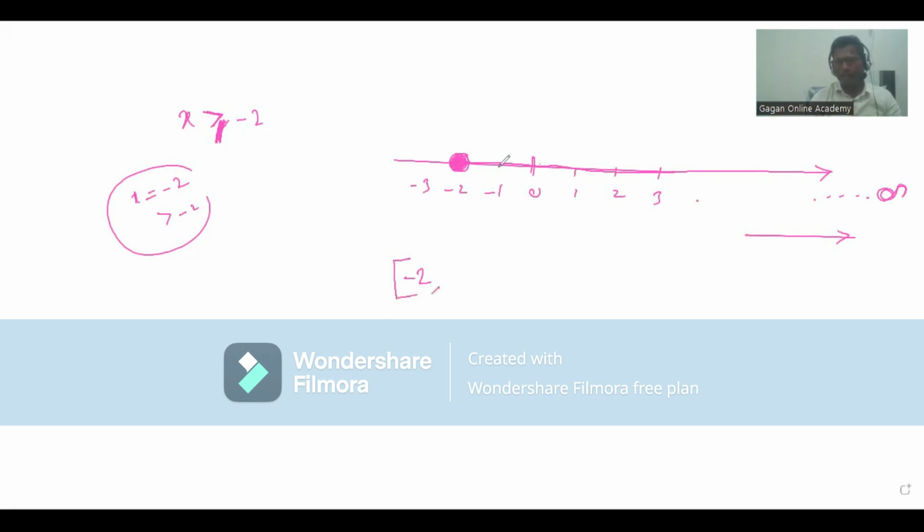After that, it goes like this. Finally, we have infinity. Whenever you have infinity, we always use the open bracket. We call it open circle or open bracket, right? So this is the interval notation for x greater than or equal to minus 2.